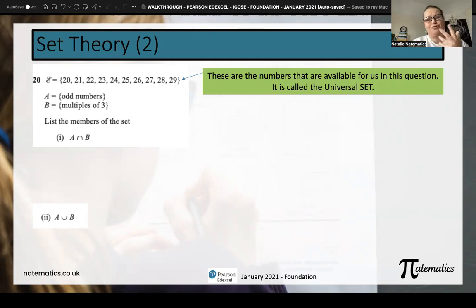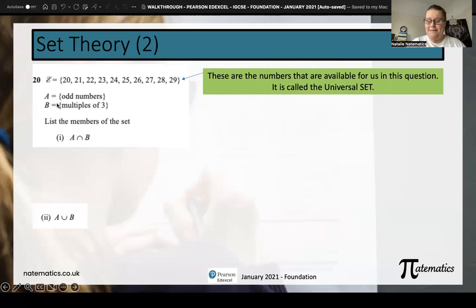If we were to draw a Venn diagram, those are the only numbers that could be in it. You'd have a box, and every one of those numbers would be inside that box, maybe inside one of the circles. I'm trying to keep it as non-technical as I can.